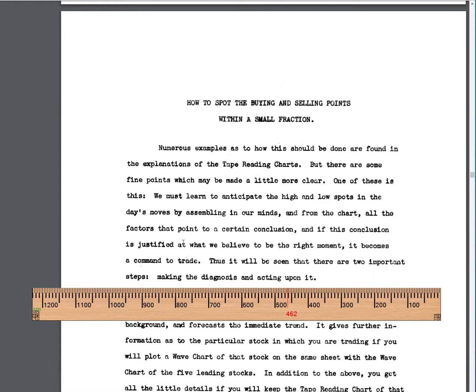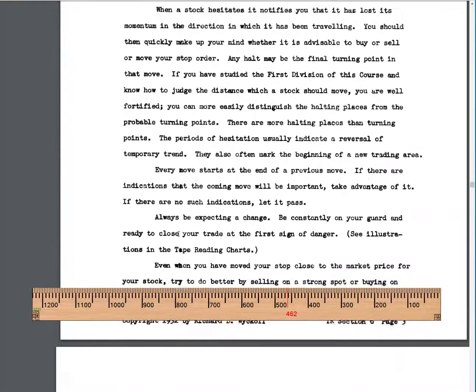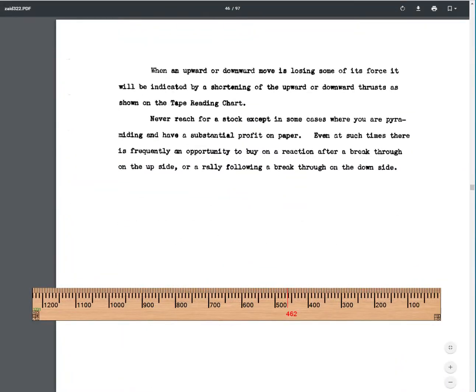It also talked about the wave chart having the background and the current immediate trend, the hesitation points at the end of a climax, and the volumes in the tape reading chart. That is what we're going to be using. And I think that's about it. Take care.